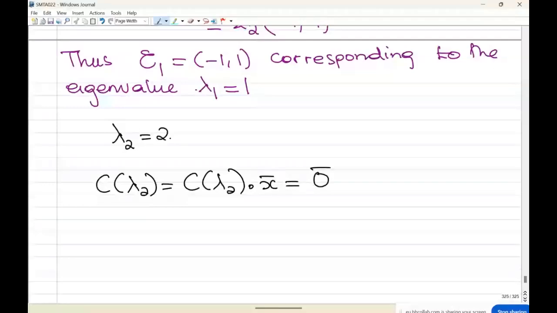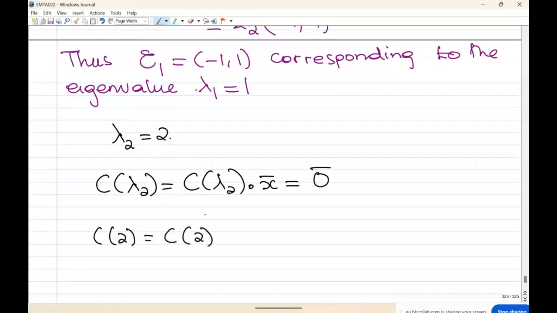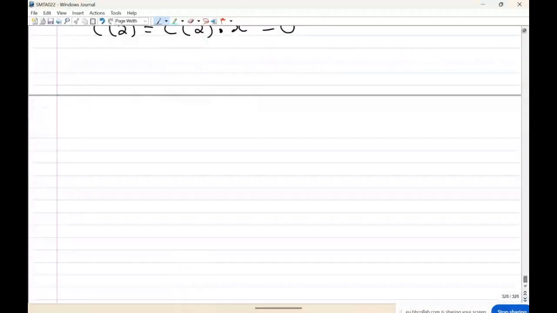You will have the C of 2, meaning where there's lambda, you put that 2 multiplied by this variable x. Your answer is going to be this 0 vector, or 0 matrix.